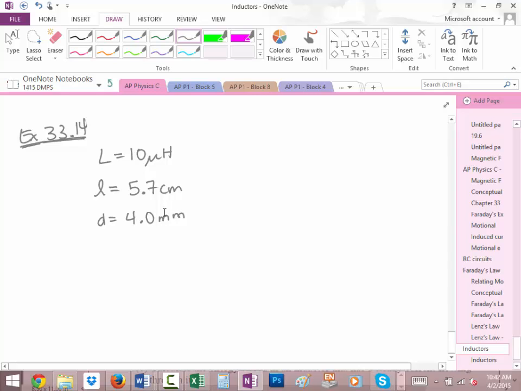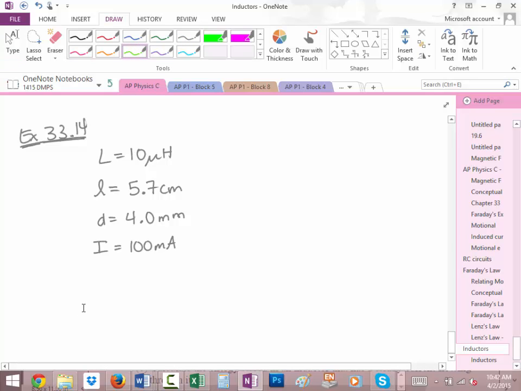Suppose it carries a 100 milliamp current. What is the energy stored in the inductor? What is the magnetic energy density? And what is the magnetic field strength? They want to know 3 things.